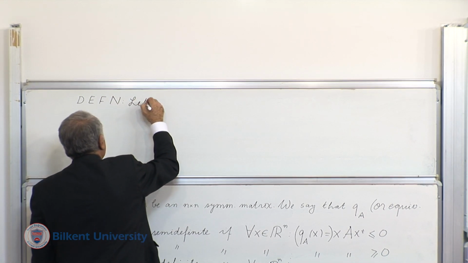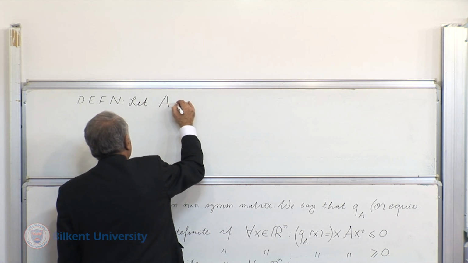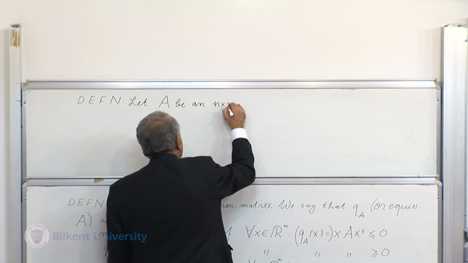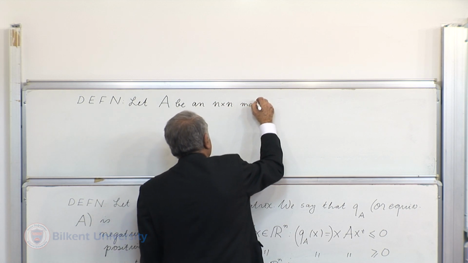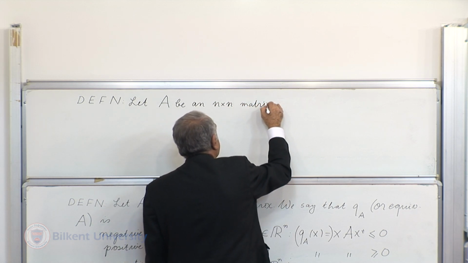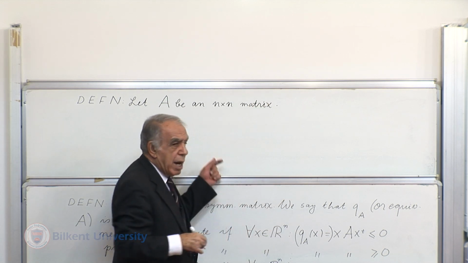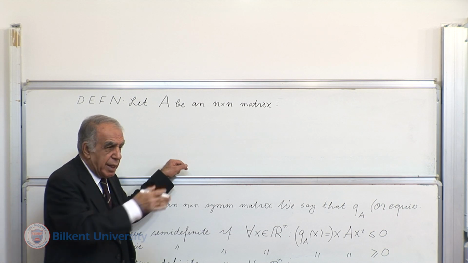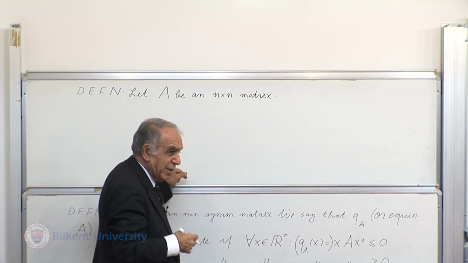Now let A be an n by n, just some matrix. So all our matrices are real matrices, that the entries are real numbers, so I don't write that all the time.